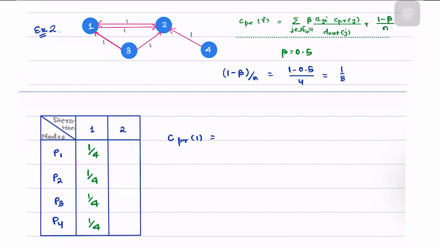So the first term gets multiplied by beta, which is 0.5. And then we add the scaled importances of all of its neighbors. Meaning, for node number 1, there are again 2 neighbors, 2 and 3. The importances of node 2 and 3 are 1 by 4 with the first iteration.